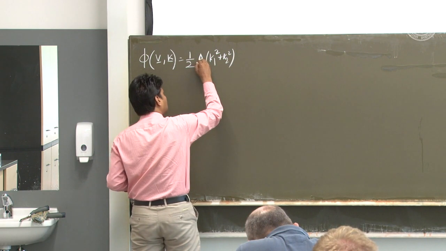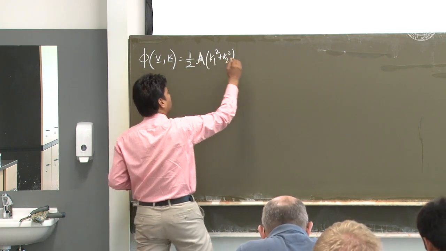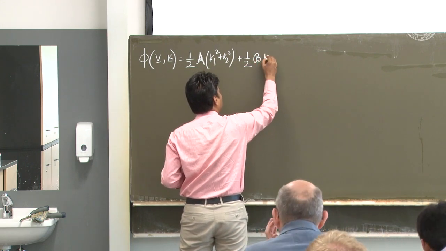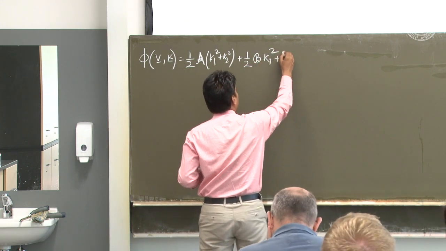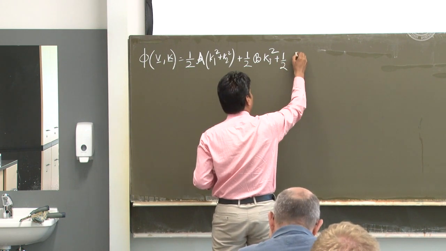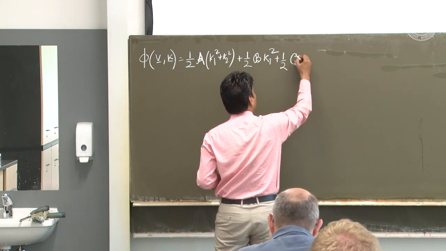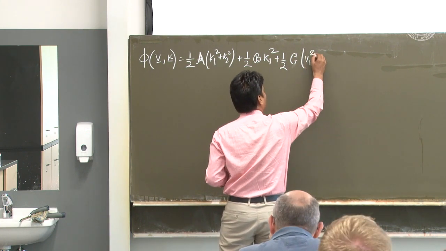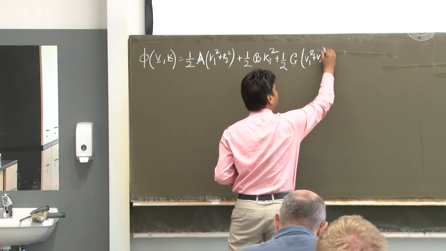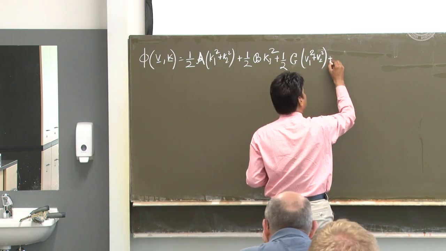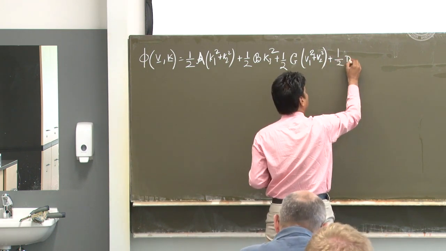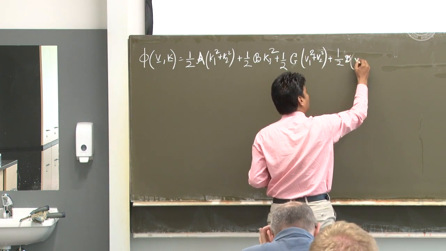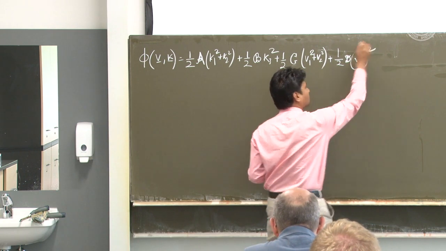Again, this was scripted, plus half of b times k3 square plus half of c times v1 square plus v2 square plus half of d, scripted d, times v3 minus 1 square.